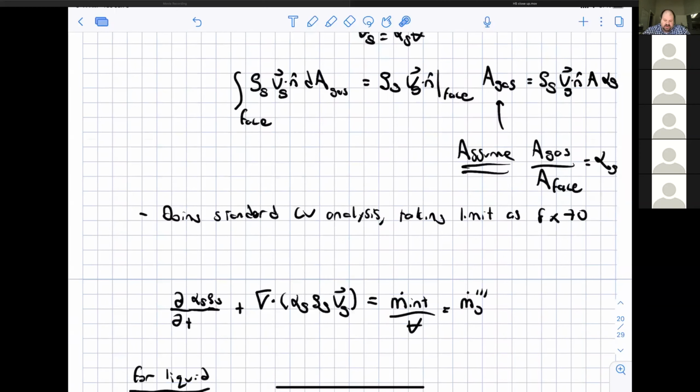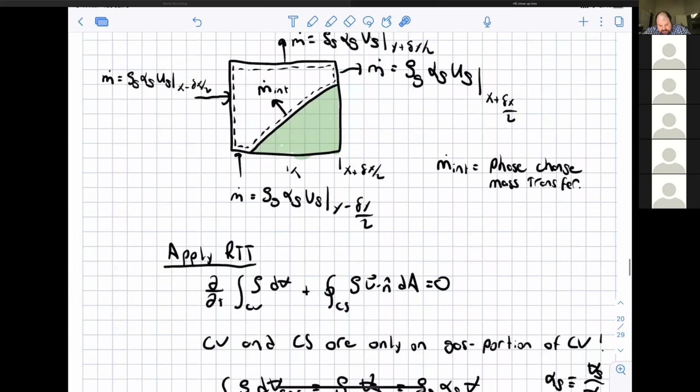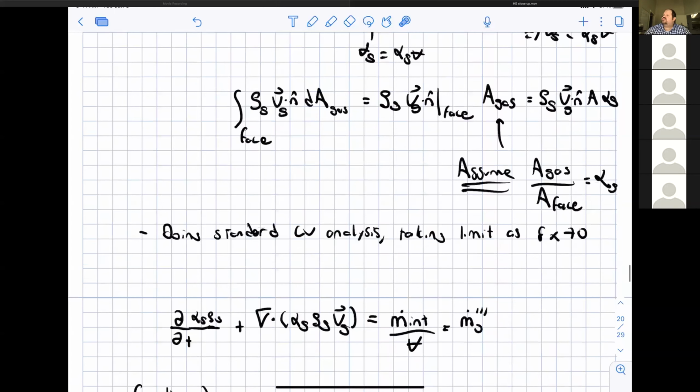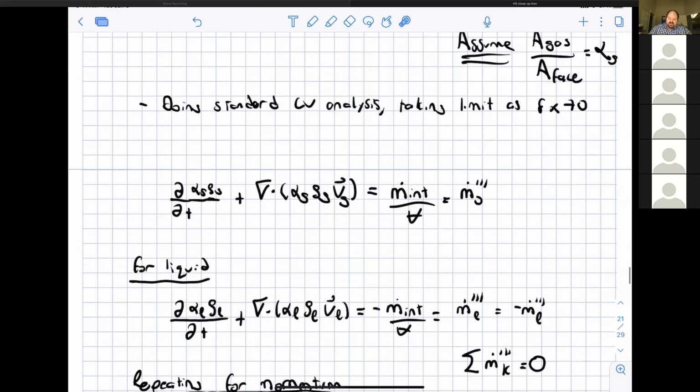We basically walk around all the edges of the control volume and account for all of the different mass flow rates, and then take the limit as delta x and delta y, and if you're in 3D, delta z, go to 0. Okay, so other than accounting for the area fractions and volume fractions, it's almost the same as you did it before.